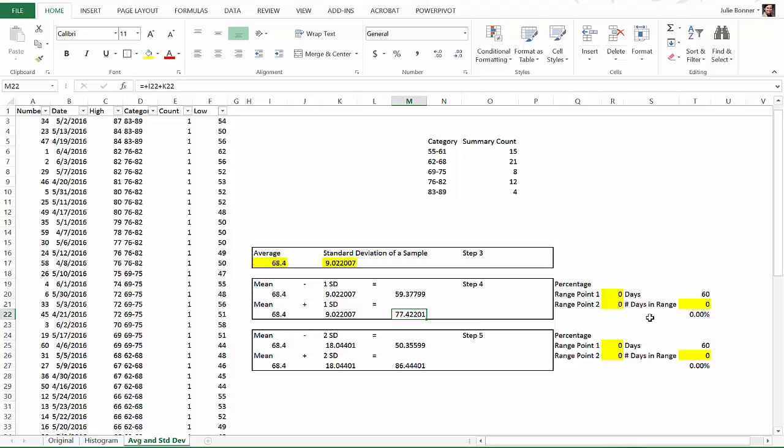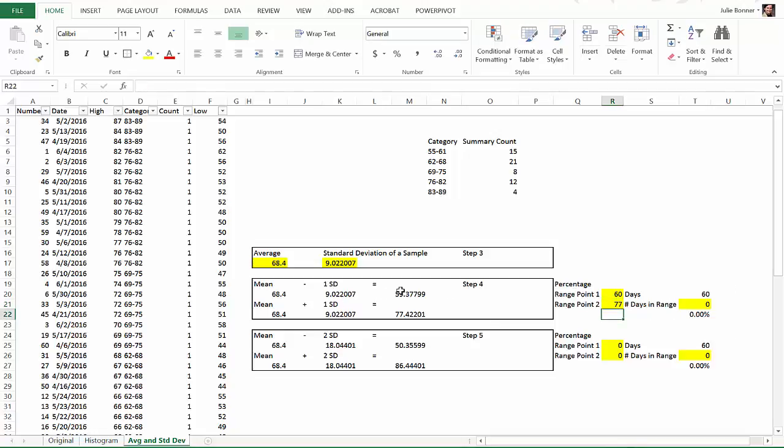Now, in my data, and this is my data set, yours may be different, I want to actually look at what my range points are here. And so 59.377, I don't have any temperatures that I recorded or put in the spreadsheet that have decimals. So in this case, I would not be able to include 59 degrees because 59 is below that mean minus 1 standard deviation. So I have to go with 60 degrees to 77 degrees. So that is my range.